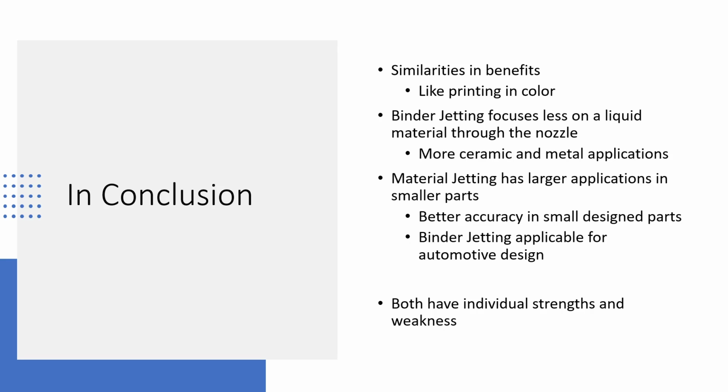There is a much broader range of materials that can be used for binder jetting, while material jetting can be limiting. However, especially for smaller parts, material jetting is more accurate and has a better finish, while binder jetting is more for larger parts. The binder jetting process is more suited for ceramics and metals, while material jetting is more for polymers. Both processes are relatively low cost, low energy, and commonly non-toxic, with the added benefit of color printing.